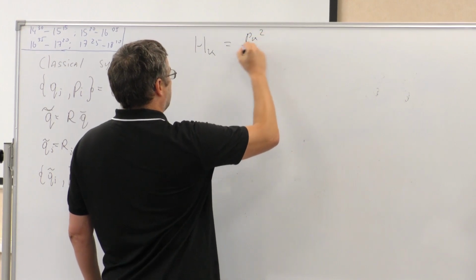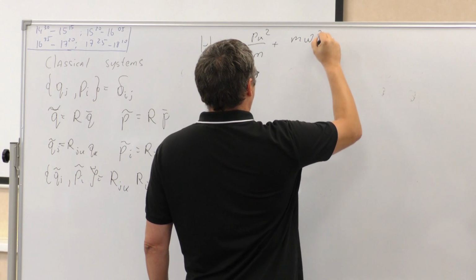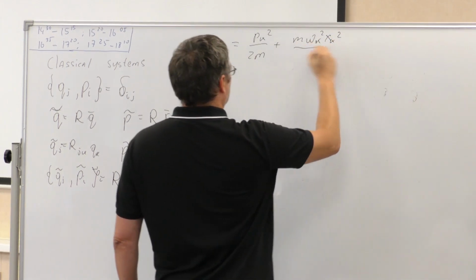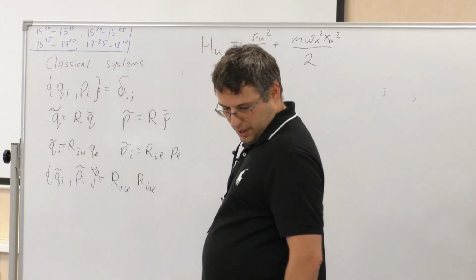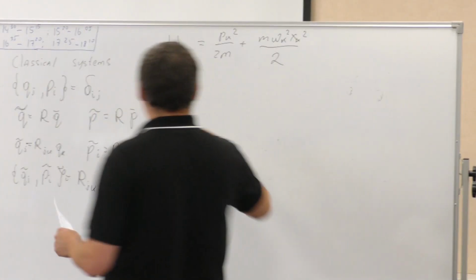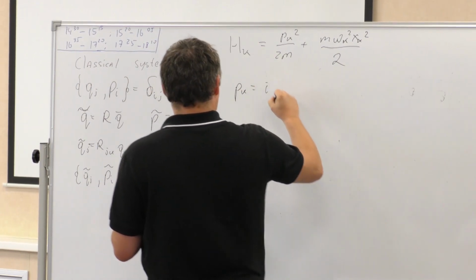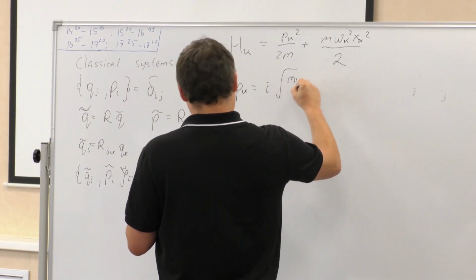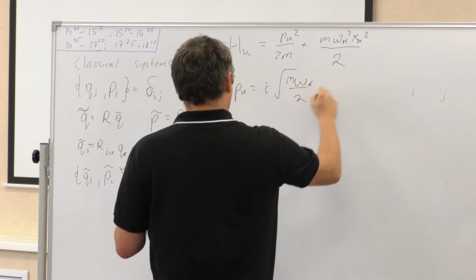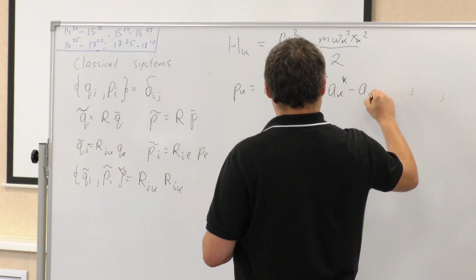So we'll write p squared over 2m plus m omega_k squared x_k squared over 2. And then I can define these new variables. There is no h bar here.